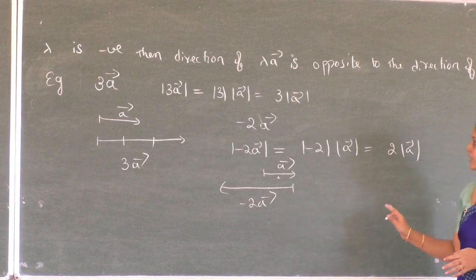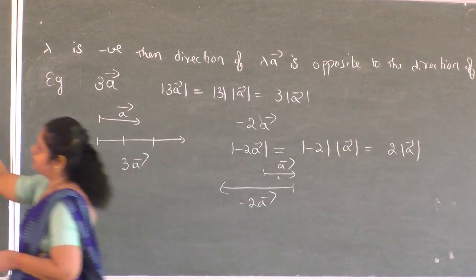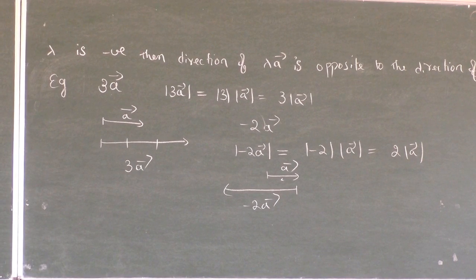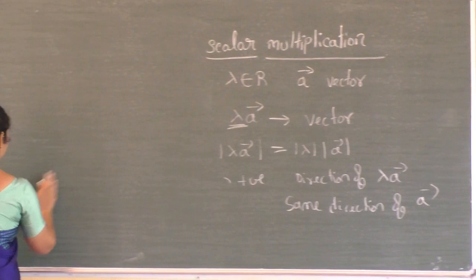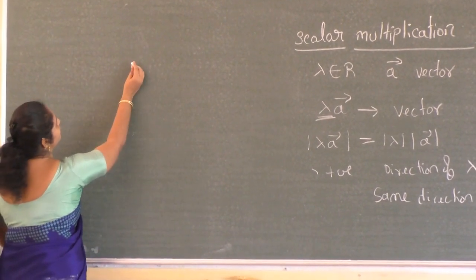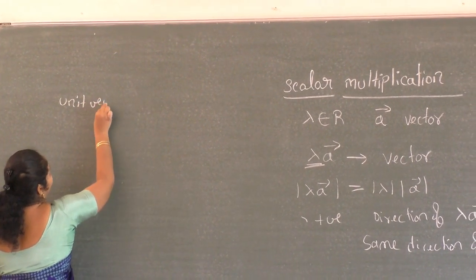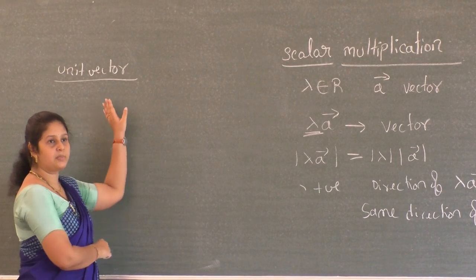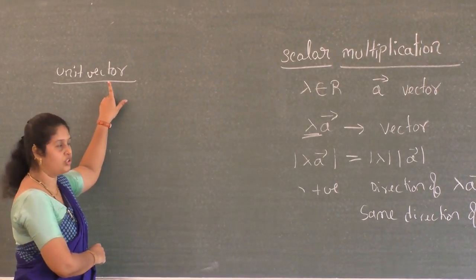Okay, now here we can write a vector which has magnitude 1 unit.